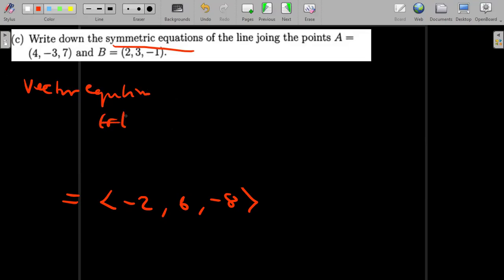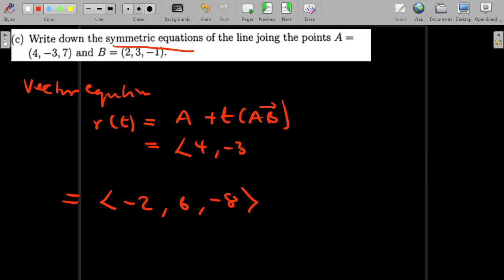My vector equation, r(t), is going to be equal to, so I'm saying any point between A and B, I'll use A, then plus t multiplied by my direction vector. So that is equal to my point, which is 4, negative 3, 7, then plus t, then my direction vector, which is negative 2, 6, and negative 8.